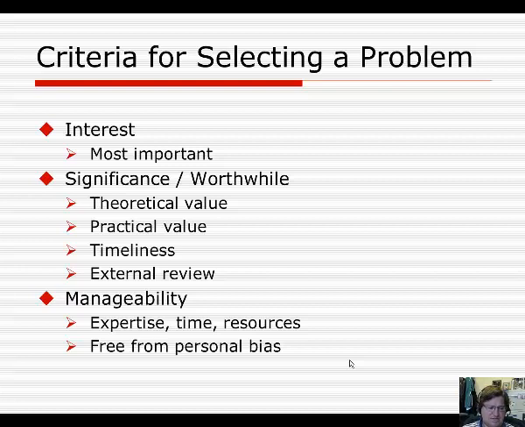The amount of time that you will spend on a thesis in graduate school, or a dissertation, or even an honors project as an undergrad, it's a lot of hours. And if you're not into it, if you're not personally invested in it, then you're not going to do a good job.